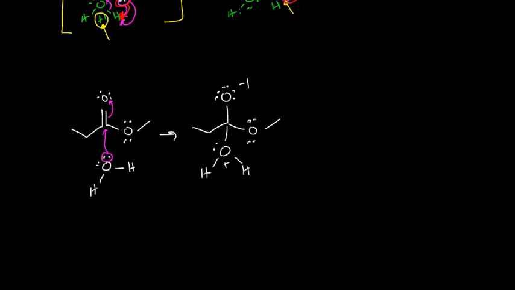In the second step, we need to move the positive charge from this oxygen over to this oxygen. So we reach out with this lone pair and move these electrons over. When we do that, we end up with a similar structure. The only difference is the placement of that hydrogen and therefore the placement of the positive charge.